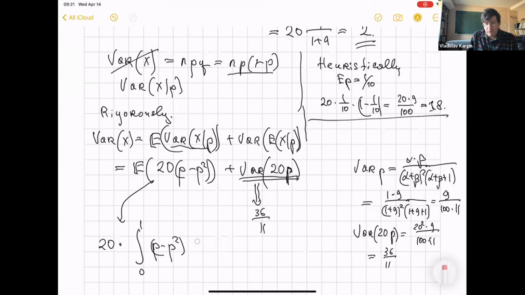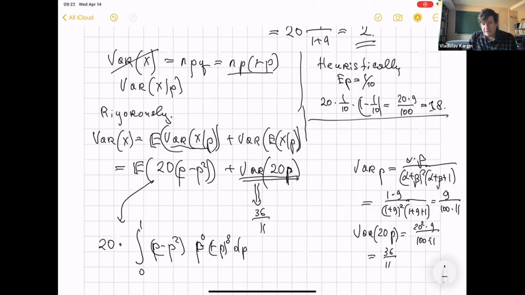So maybe p to the power of 0. Then 1 minus p to the power of beta minus 1. Beta is equal to 9, so 1 minus p to the power of 8, dp. And also remember that we have a constant in the beta distribution.